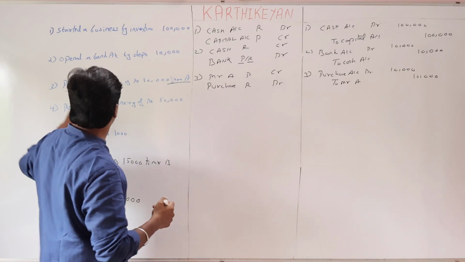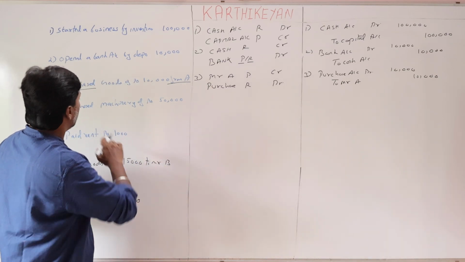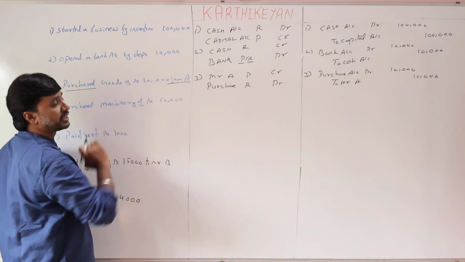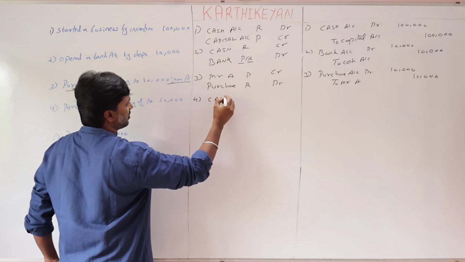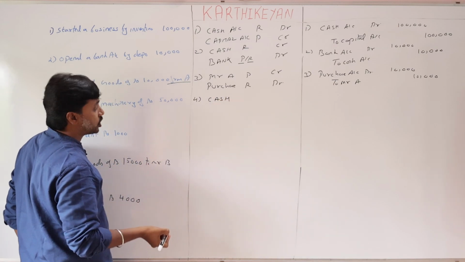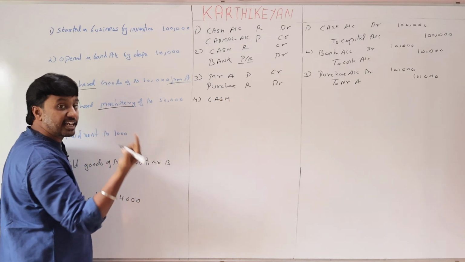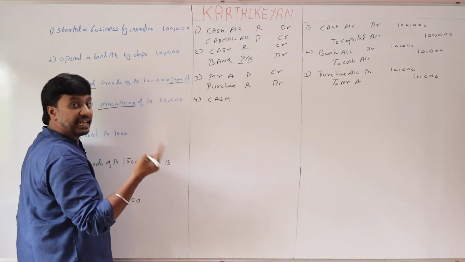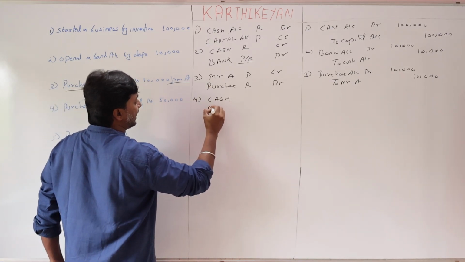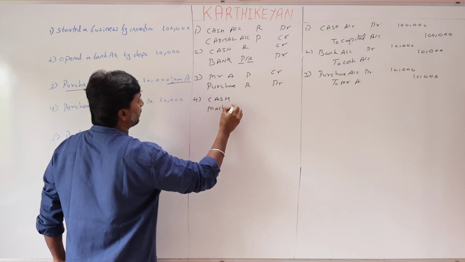For example, the very next case: purchased machinery of rupees 50,000. Okay, cash or credit? Cash. One is cash. What did you buy? Machinery. Yesterday I explained to you, if you are buying goods, use the word purchase. But if you are buying assets, name the asset. What is the name of the asset?